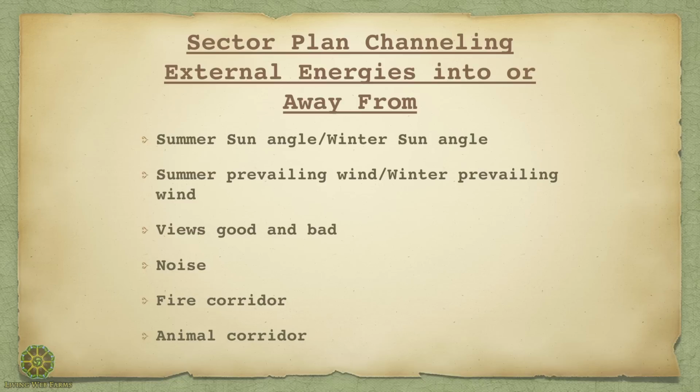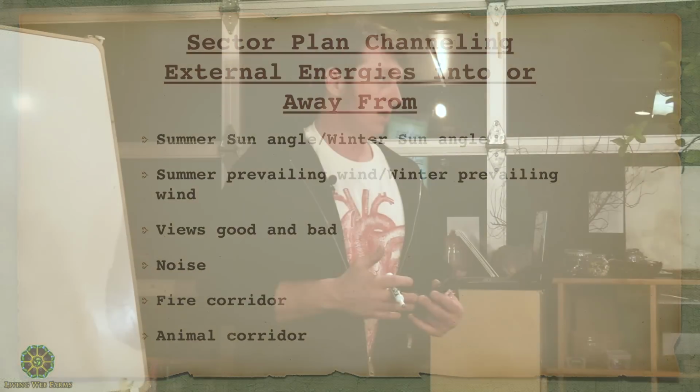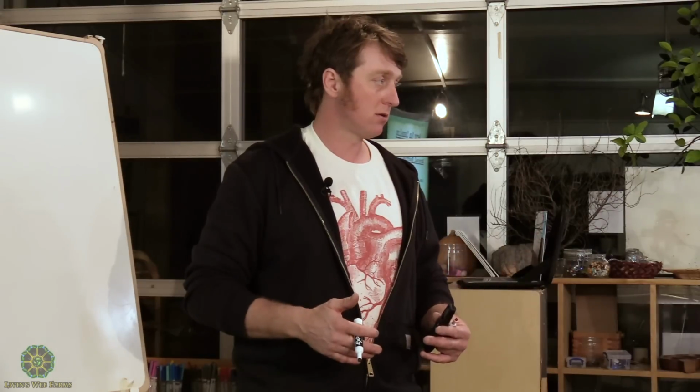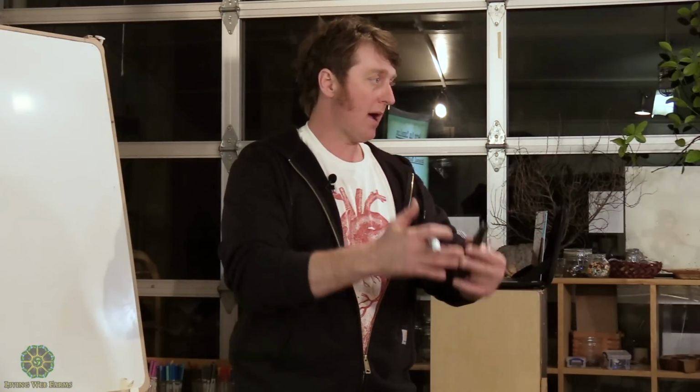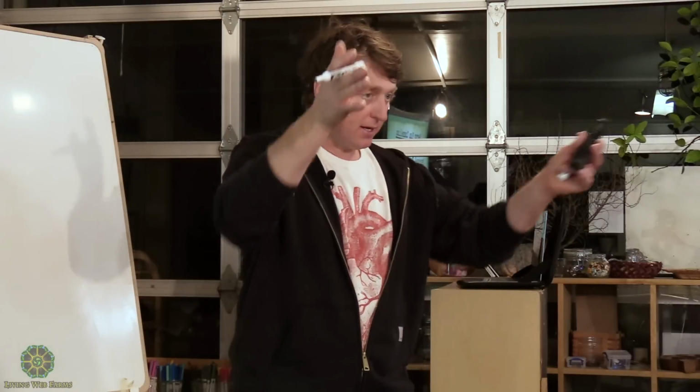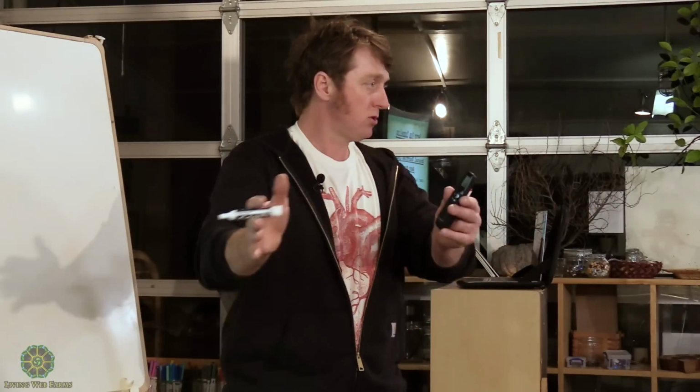A sector plan is basically mapping the energies coming in to your whole farmstead, your homestead, your greenhouse, or your house. It's the energies coming in to whatever you're mapping.